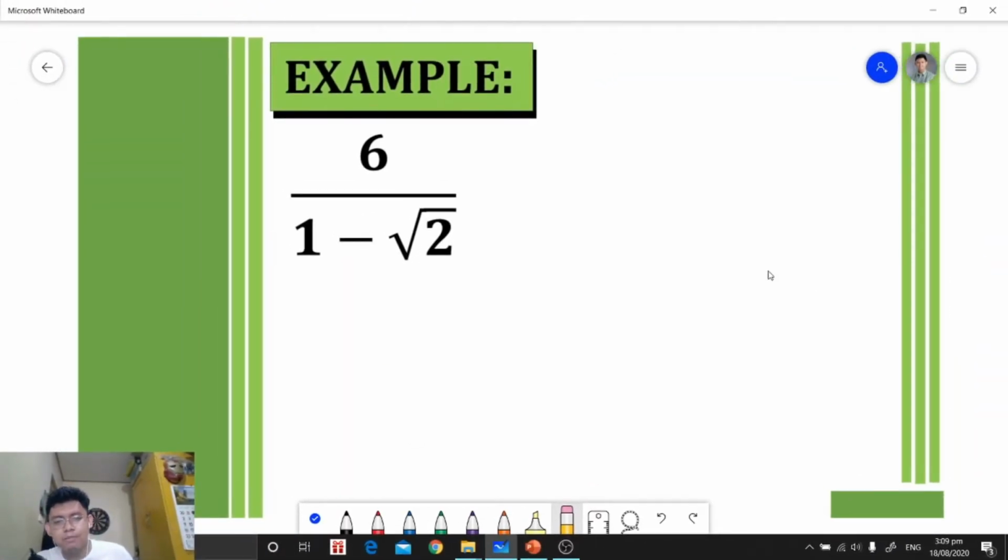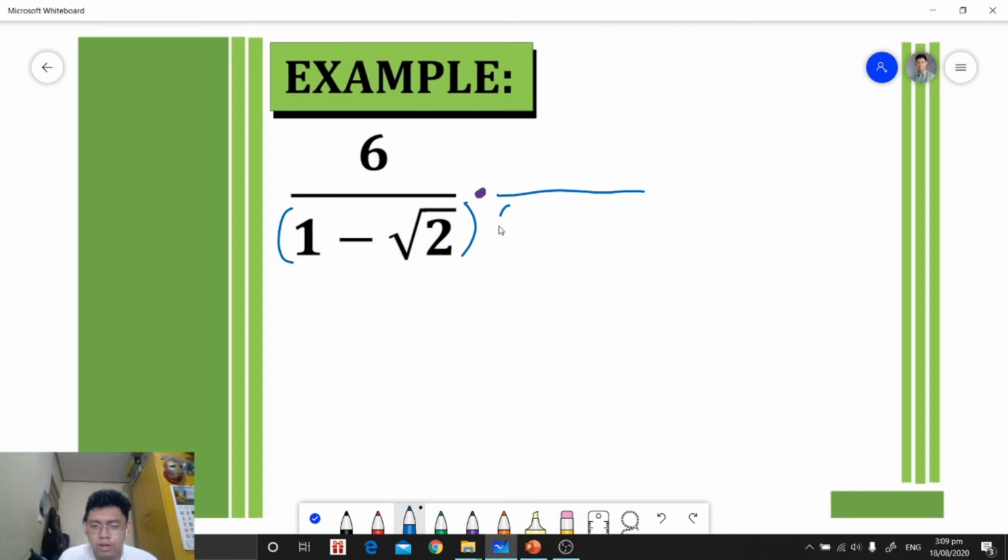So for example, we have 6 all over 1 minus square root of 2. So in this case, we're going to rationalize our given. Since we have a radical expression in our denominator, we need to multiply our numerator and denominator by the conjugate of our denominator.